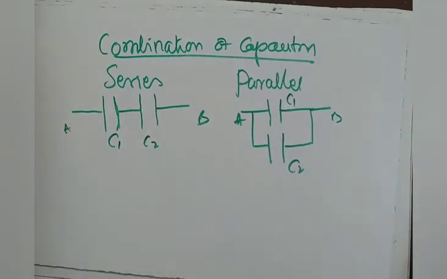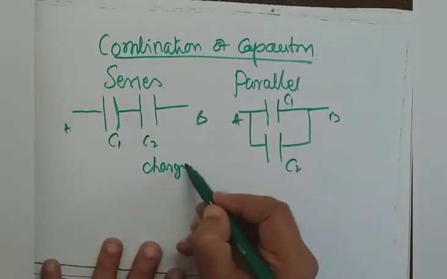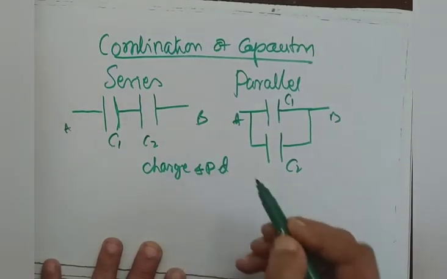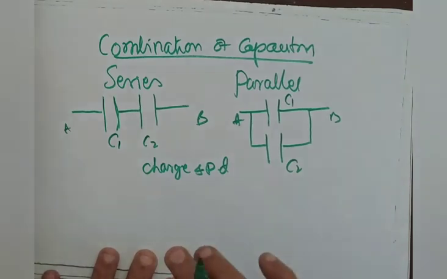And observe, in these two derivations, we need to use two concepts. In series or parallel, we think of two ideas, charge and potential difference. Among these two, we have to decide which is the same and which is different.